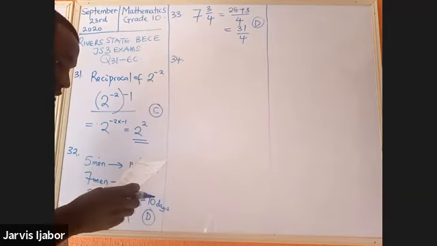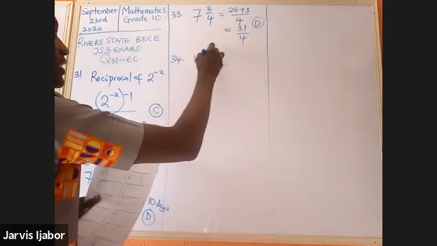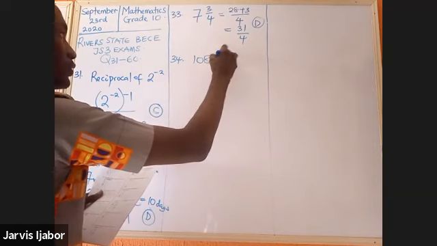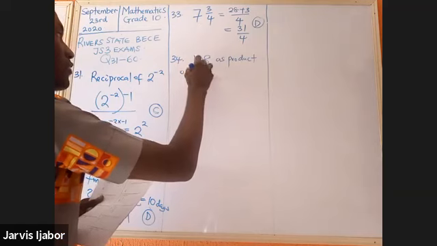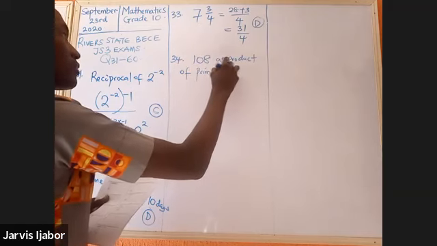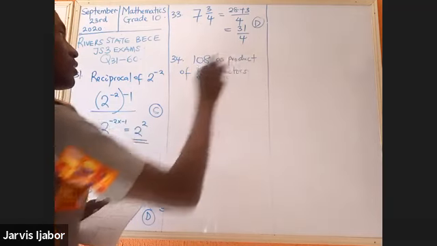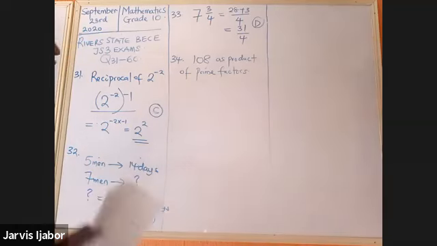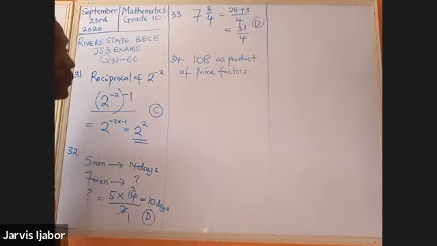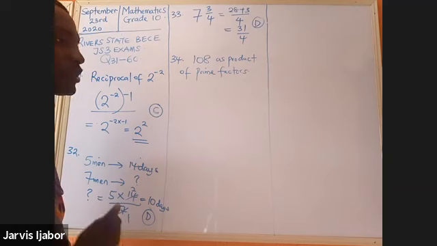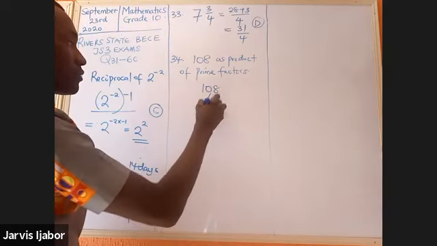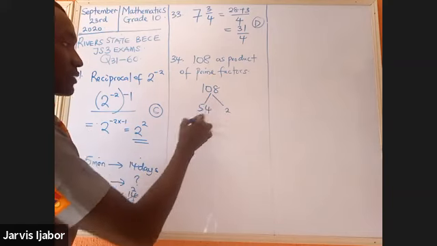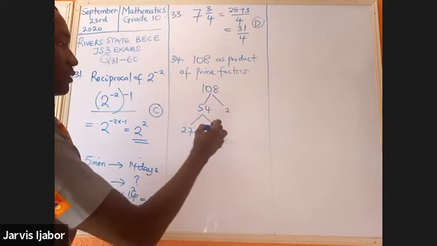In question 34, we say you should write 108 as product of what? Prime factors. How do you do that? Now, people use different methods, but I think because of the speed of the exam, your tree approach will be okay here.